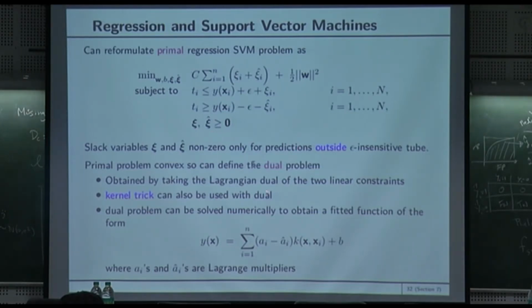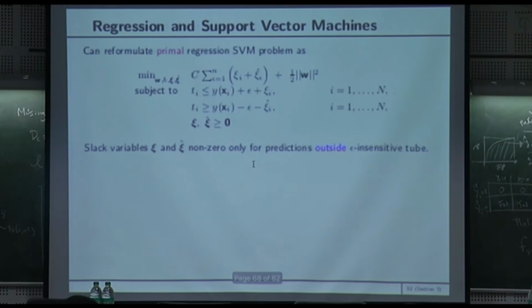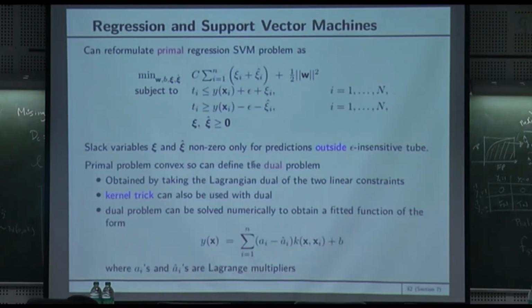The kernel trick can also be used in the dual, and ultimately what you end up getting is that if you solve the dual, the regression function looks like the sum of (ai minus a hat i), where ai and a hat i are Lagrange multipliers, times k(x, xi), plus b. So here we have jumped already to use the kernel trick. Up until this point, I've been using inner products, and over here I'm saying that once you know the story for inner products, you can very easily tell what's going to happen when you are using a kernel.